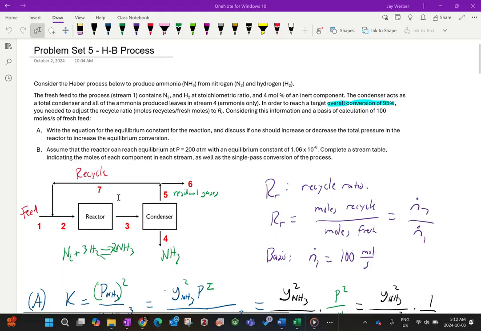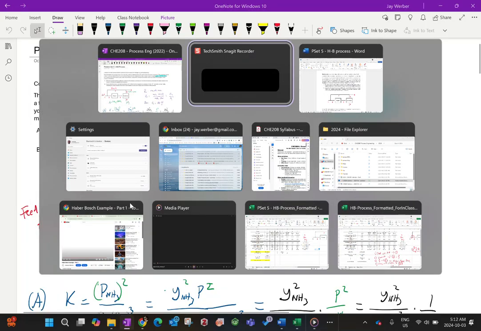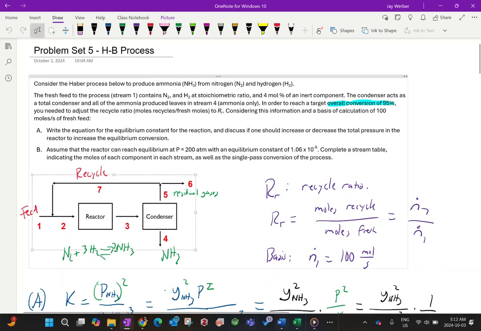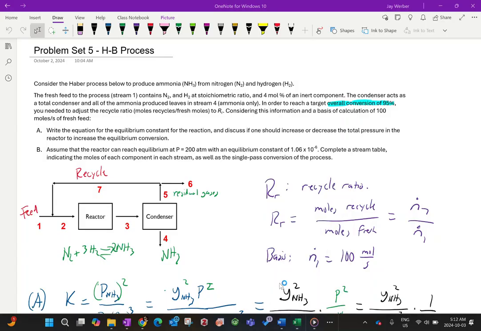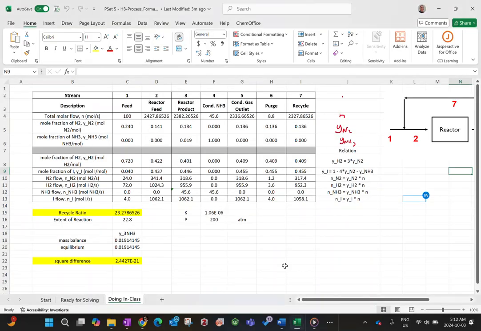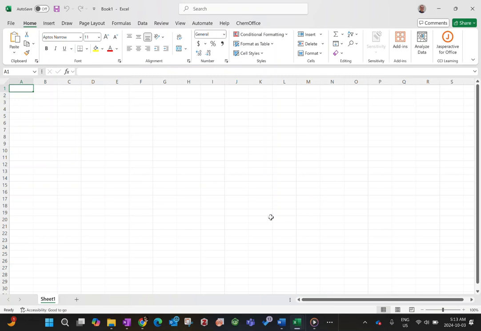So let's go ahead and set up Excel. I'm going to just start a new Excel file from scratch. Okay, so now we have our Excel file.